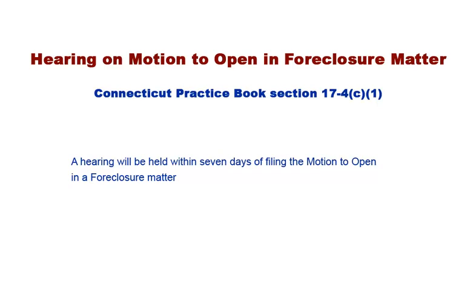According to Connecticut Practice Book Section 17-4C1, a hearing on the motion to open in a foreclosure matter shall be heard within 7 days of the motion being filed. The rule also says that in certain circumstances, if the plaintiff states that all parties have received notice of the motion and are in agreement with it, then the court can grant the motion without a hearing.